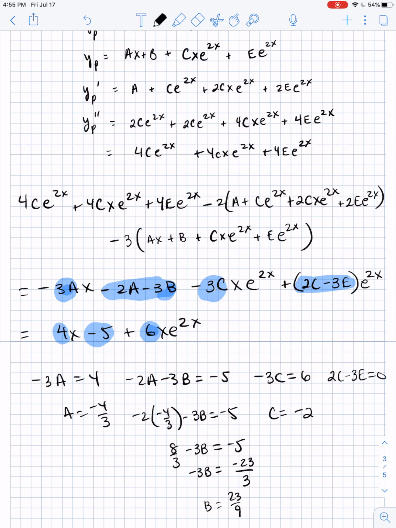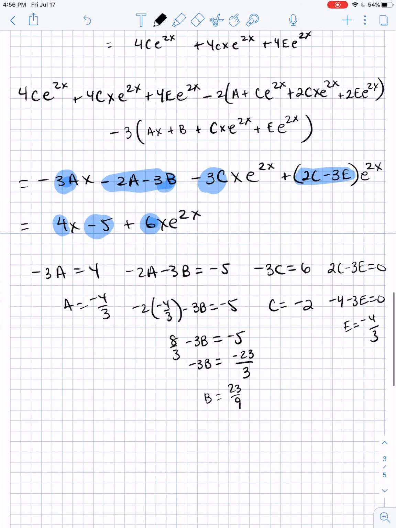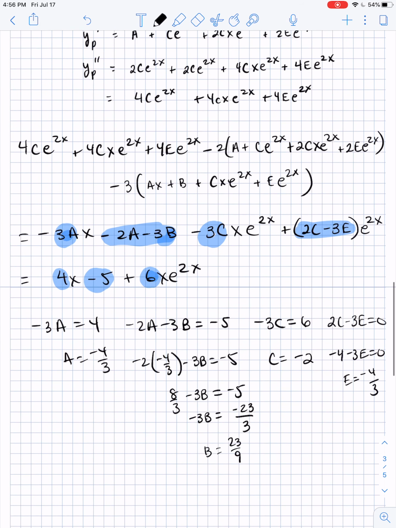Good. And E: just to show you, I'm plugging in that negative 2 for C, so I would have negative 4 minus 3E equals 0, so E is going to be negative 4/3 as well.